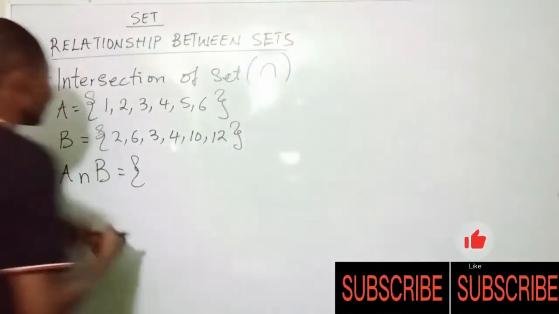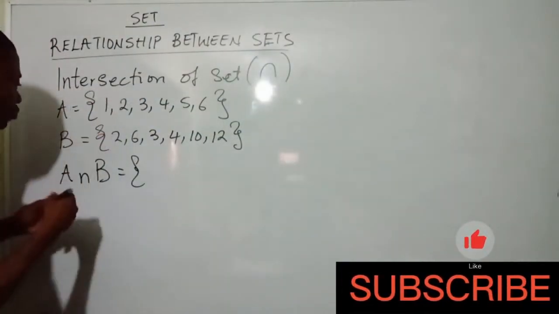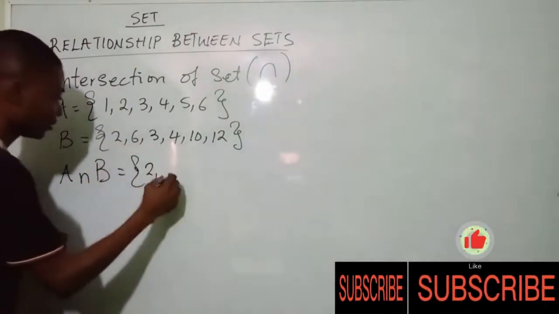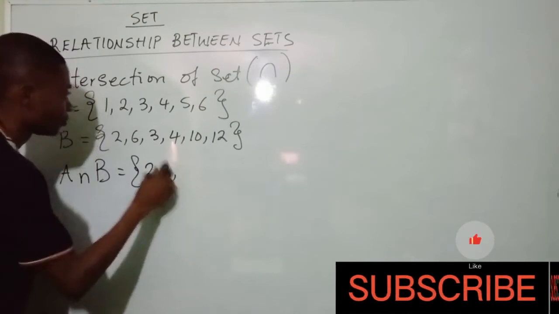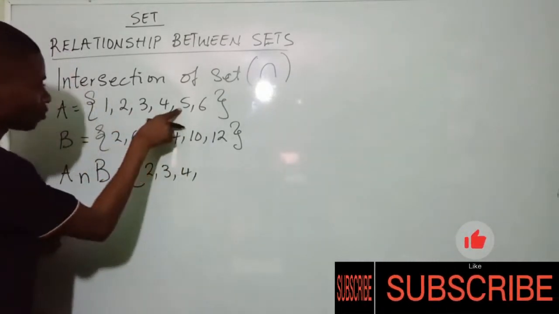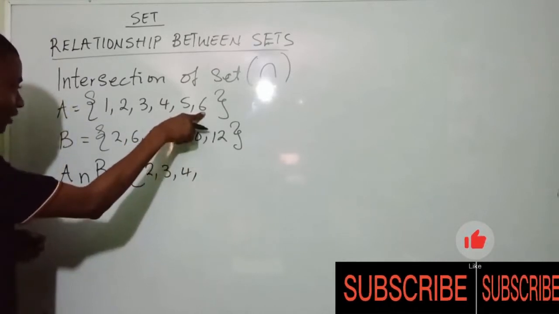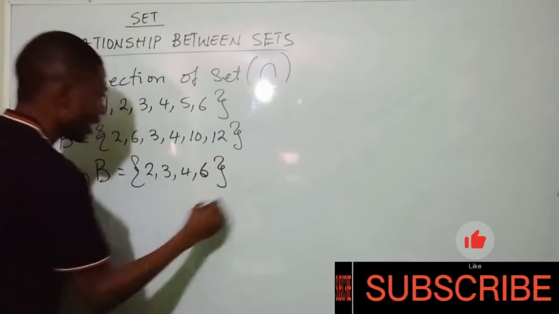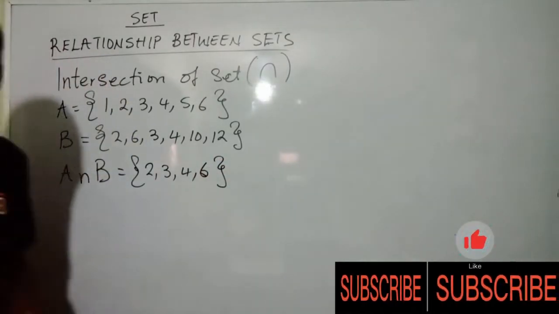So look at set A and set B. We have 2 here, we have 2 here. We have 3 here, we have 3 here. We have 4 here, we have 4 here. We have 5, no 5 in B. We have 6 here, we also have 6 here. And that is all. That is what they have in common.